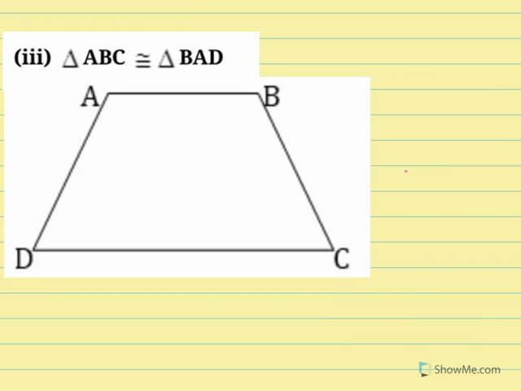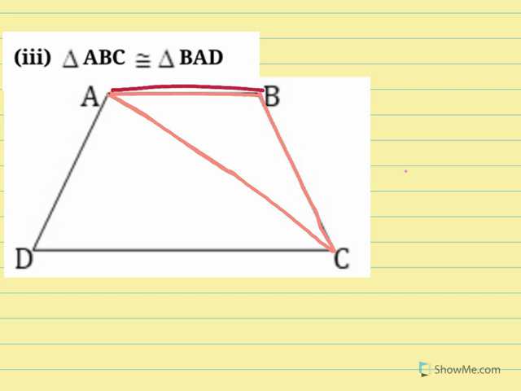Here we need to prove ABC congruent to BAD. Let me join ABC. So my ABC will be here. Draw it thicker. I have to show this triangle ABC is congruent to triangle BAD.